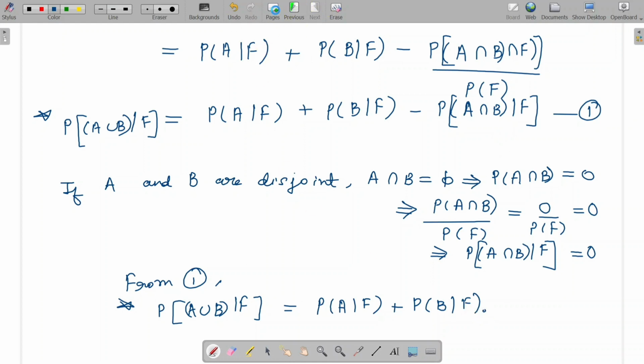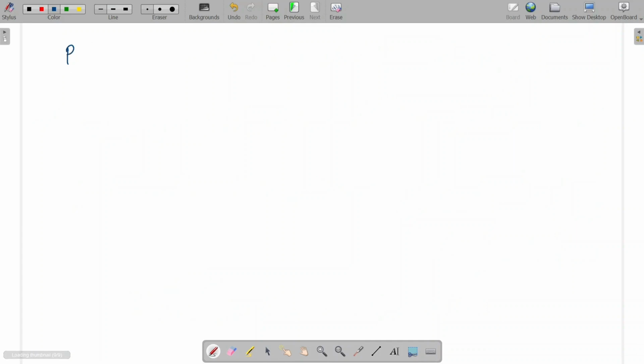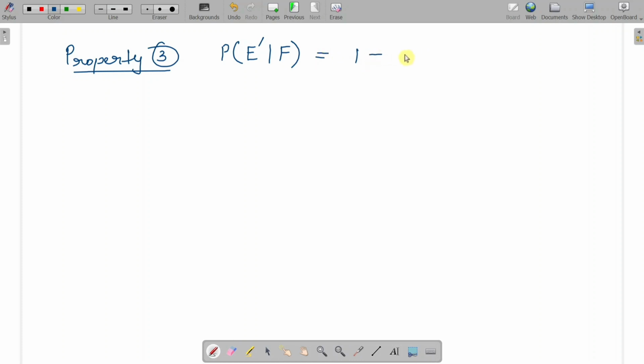Now let us go to the next property, property 3. So property 3 is probability of E complement such that F has occurred is equal to 1 minus probability of E such that F has occurred.